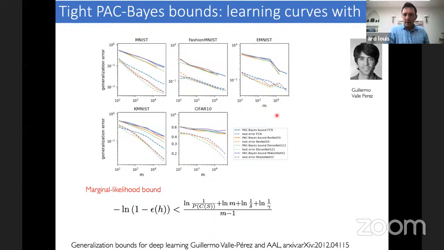Here you see a fully connected network, ResNets, DenseNets, MobileNets. For each of them, the top lines are our PAC-Bayes bounds and the bottom lines are our SGD generalization errors as a function of the size of the training set. We're very happy that we're able to reproduce the scaling behavior relatively well, and all of our bounds remain non-vacuous.